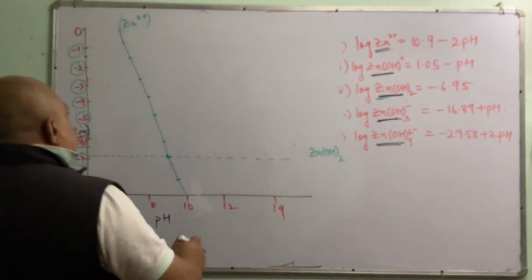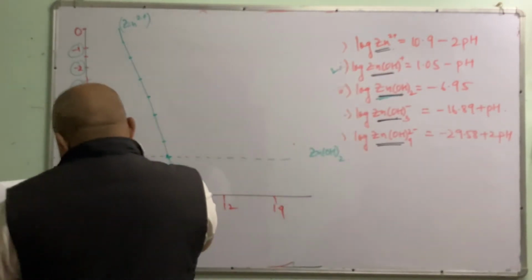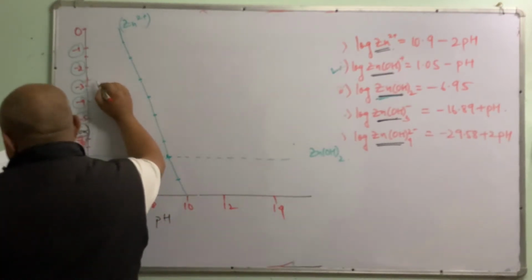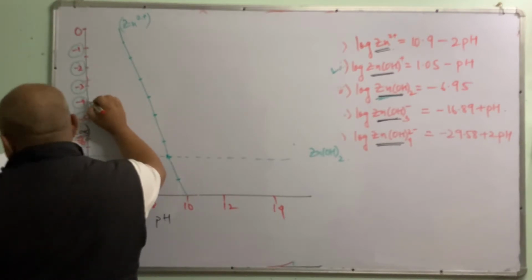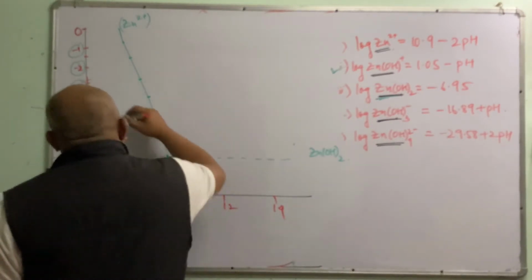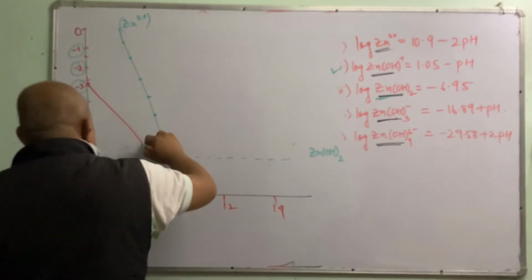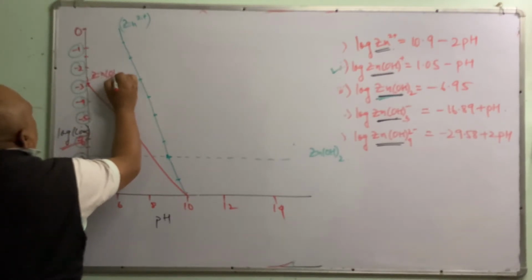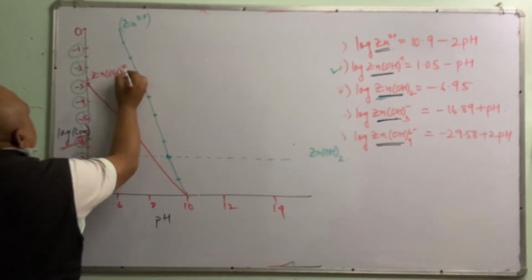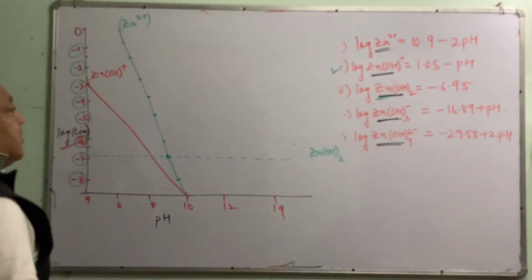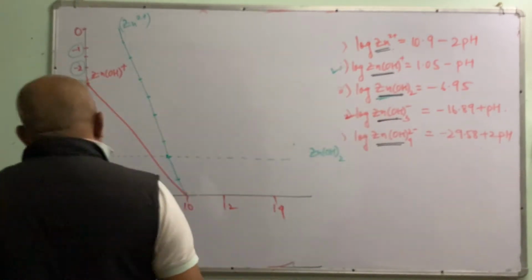For ZnOH plus, this one, we got it like this. ZnOH plus is minus 4, minus 3, and then it comes to around pH 10. And this is ZnOH plus. Okay. And then the next one is Zn(OH)3 minus.